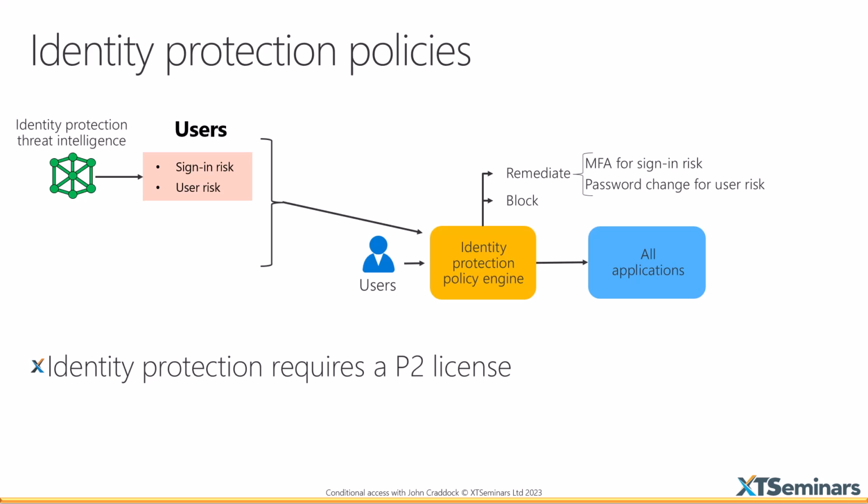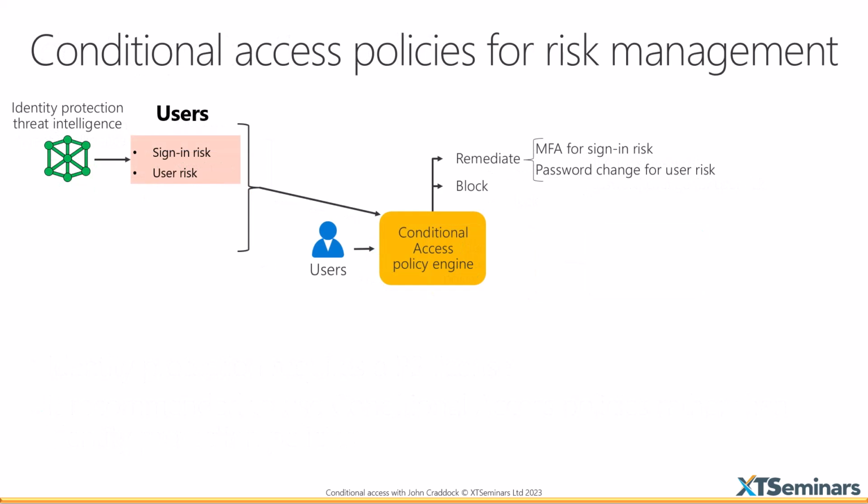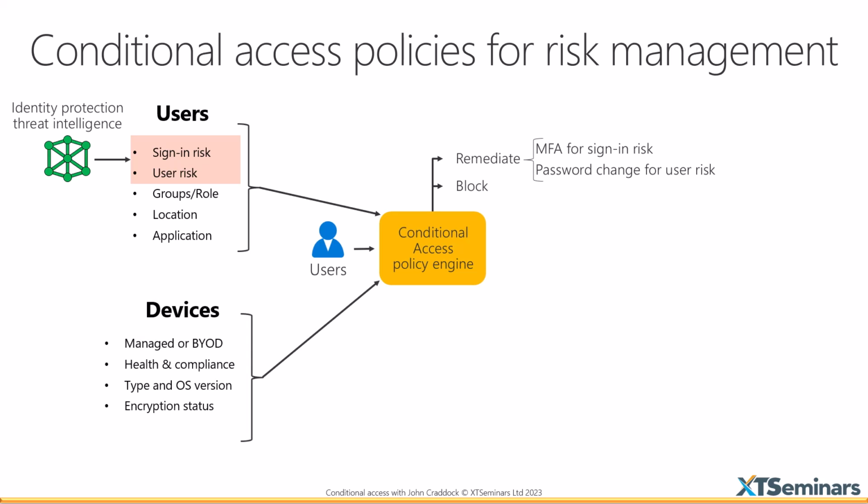Okay, now, as I say, these policy engines are built into identity protection. But the recommendation now is, if you're already using identity protection, to migrate to conditional access. If you're creating new policies, do it in conditional access. Now, with conditional access, we can do exactly the same as we've seen on the previous slide. But we can also bring in other signals.